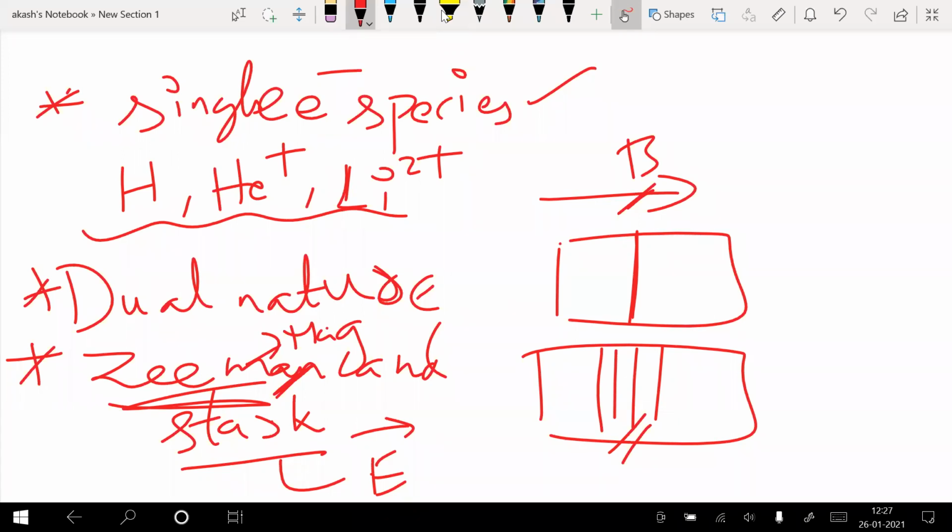Sir, how important are theory-based questions from this chapter? Yes, it is important. Whatever I told you, this much you remember, this overall story is more than enough. Including the experiments, sir? Experiments, I have seen questions coming in terms of limitations of Bohr's theory.